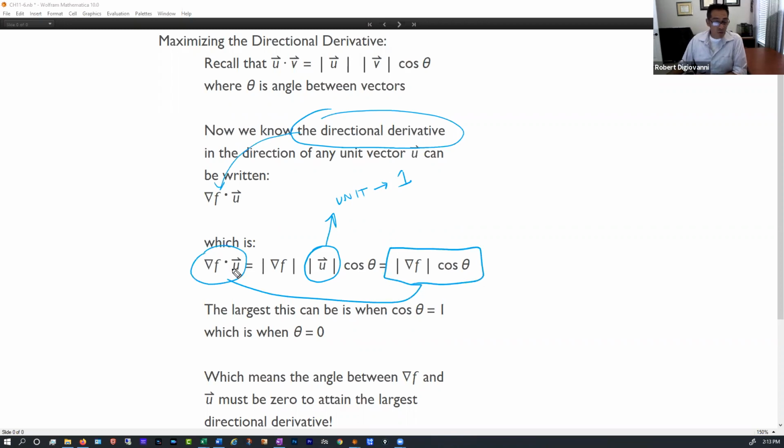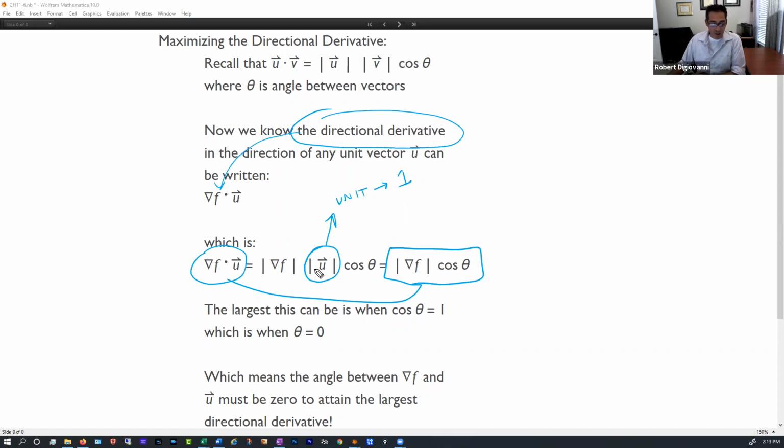The directional derivative is simply equal to the magnitude of the gradient times cosine of the angle between the gradient vector and the direction you're pointing. Let me say that again.